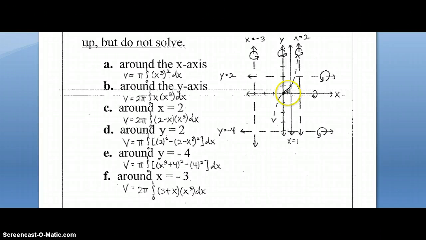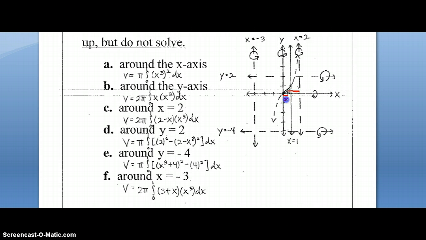Our radius, if we draw on a radius here, we go from an arbitrary cross-section to the axis we're revolving around. Now we cannot call that x. X would be the distance from our cross-section back to the y-axis.